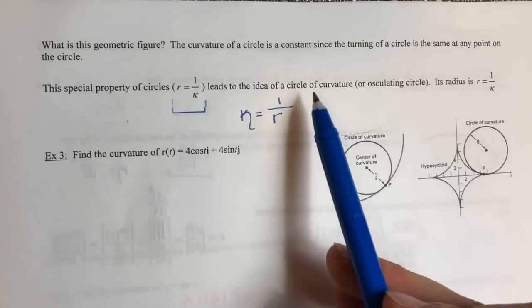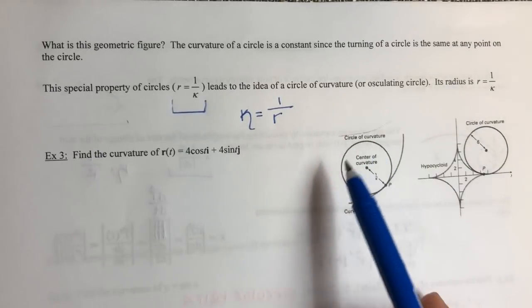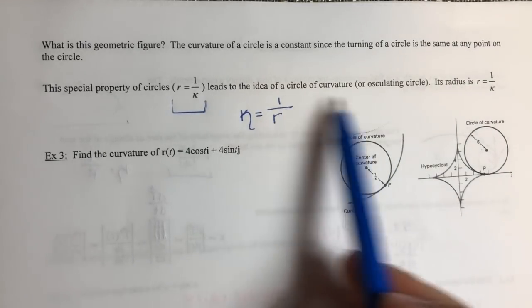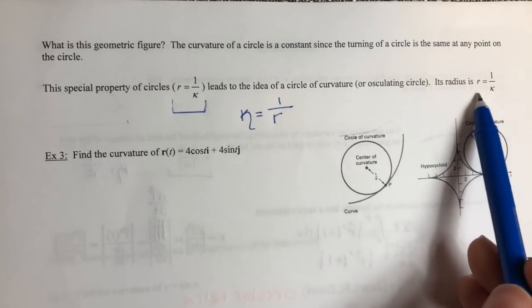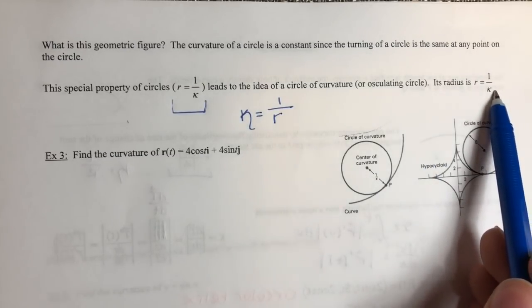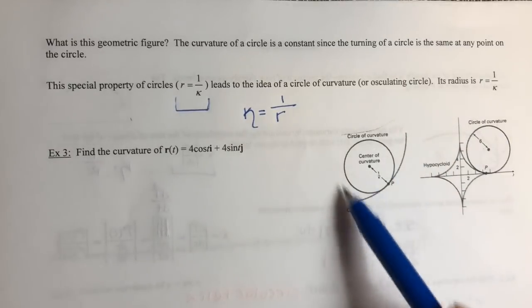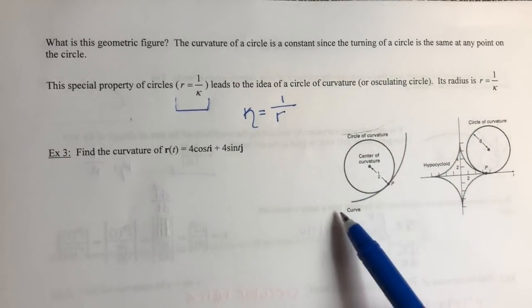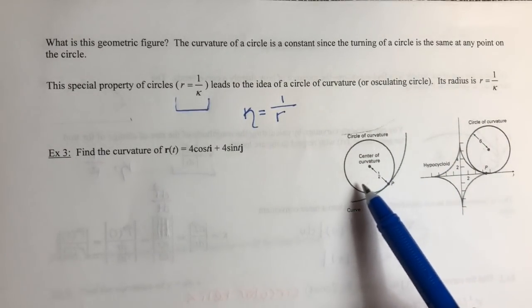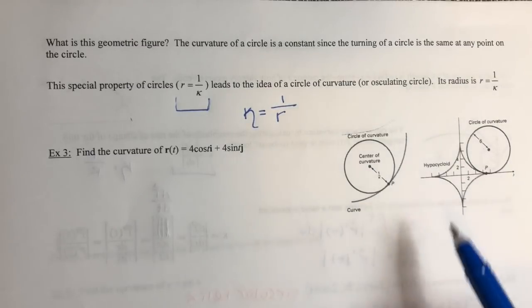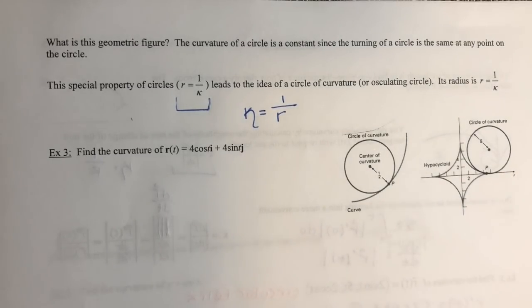Okay, we can actually create a circle that will represent that, called the osculating circle. Again, radius r equals 1 over the curvature. And we can make a circle for any curve. Okay, think about this kind of circle rolling along a curve.